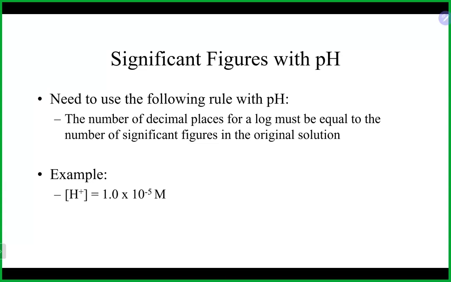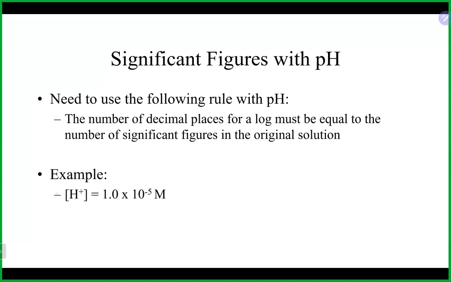So the number of significant figures in the concentration is not how many significant figures you should have in your answer, but it is how many decimal places your pH or pH-like value should have. And when you're going backwards, from pH back to concentration, it works the same way. It is decimal places to significant figures.